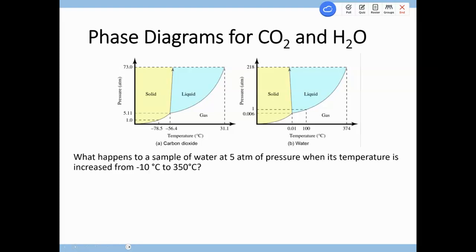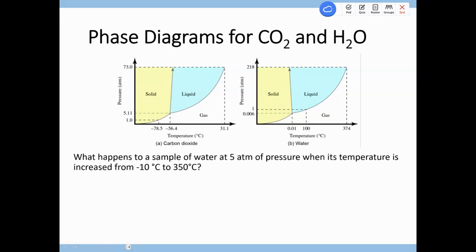At 1 atmosphere, if you look at carbon dioxide, it does not exist as a liquid. It only exists as a solid or gas, and that's why when you have dry ice, that's solid carbon dioxide, and you bring it to room temperature, it evaporates from the solid. So sublimates is the word that we use there. You have to have a higher pressure and higher temperature for carbon dioxide to be a liquid.